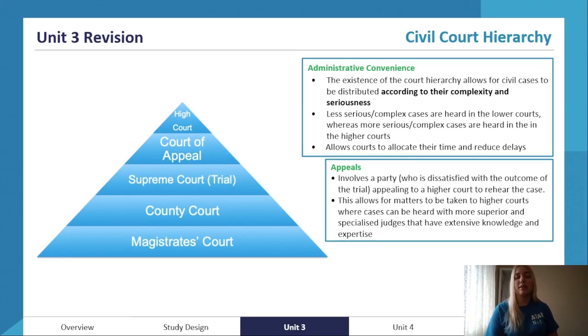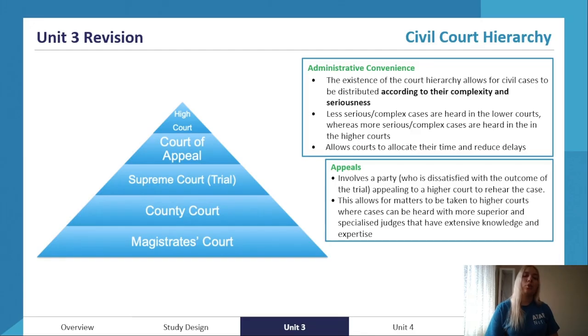However, more serious and complex cases should be heard in the higher courts. There should be a lower volume of them because they're more complex, and therefore also more time has to be dedicated to them, such as the Supreme Court Trial Division. This allows courts to allocate their time, reduce delays, reduce backlogs, and distribute cases according to complexity.